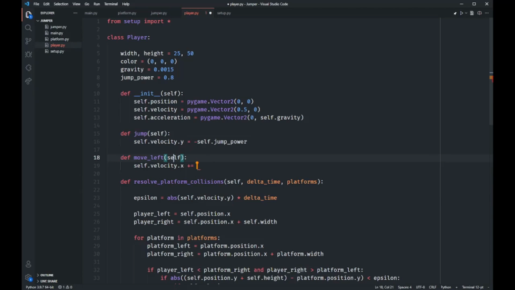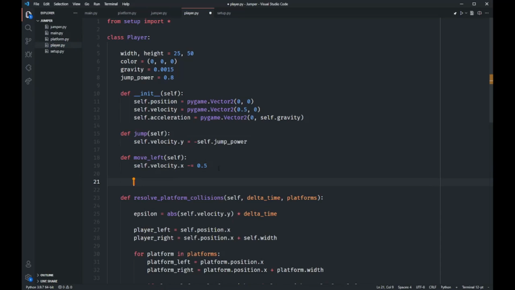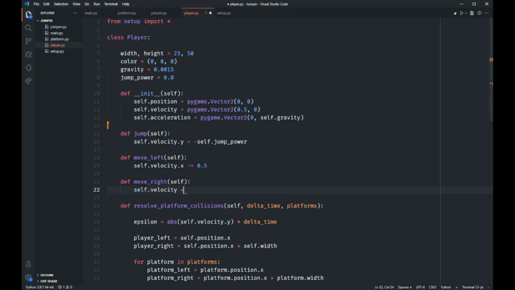So we're going to subtract from our x velocity when we want to go left, and that's going to make it go left. Then if we do move right over here, what we'll do is add to the velocity. Pay attention that we're not just adding to the velocity, but to the x part of the velocity, the horizontal part.